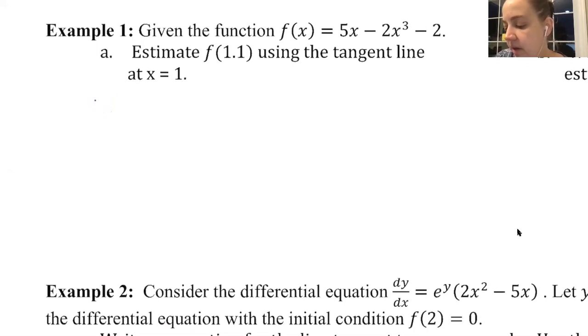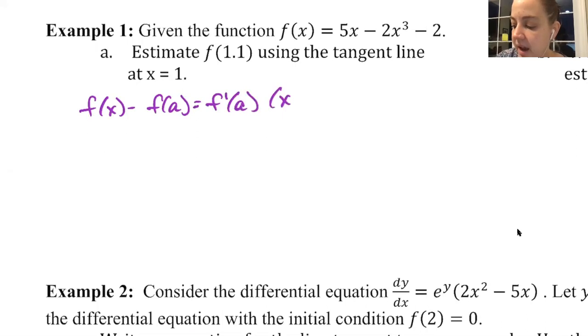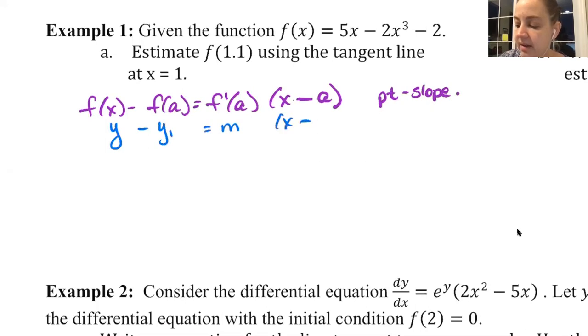f of x minus f of a is equal to f prime of a times x minus a. This, if you recall, is point slope. Now, it's the same thing as, and I'm just going to remind you of this, y minus y1 equals m times x minus x1.